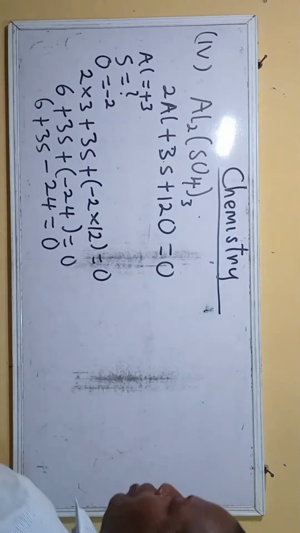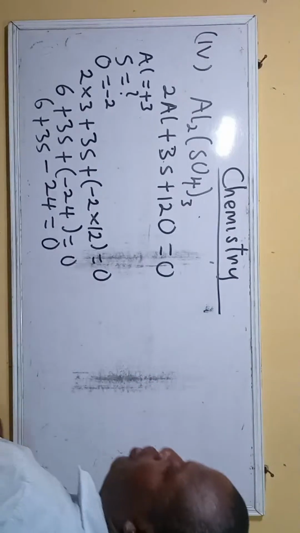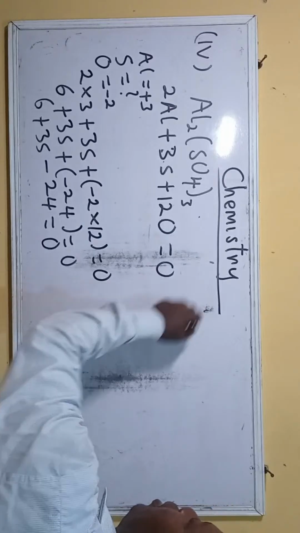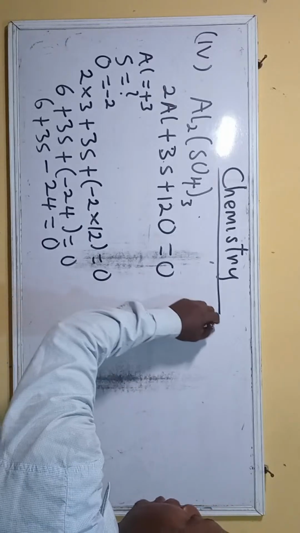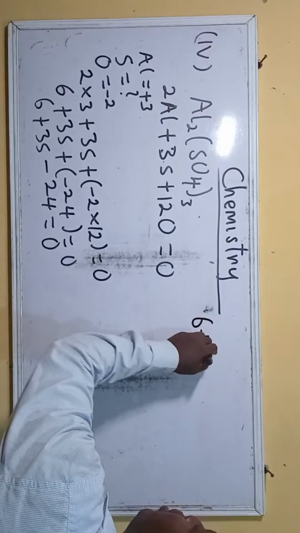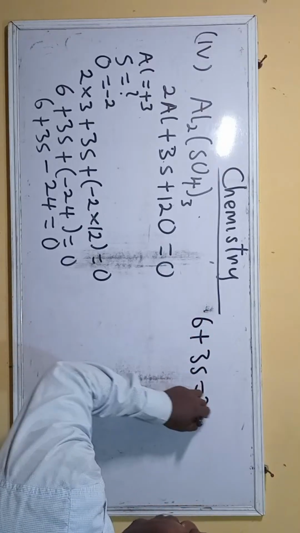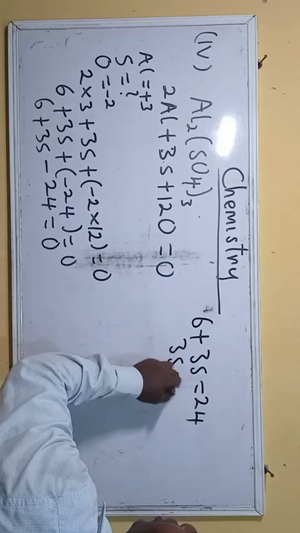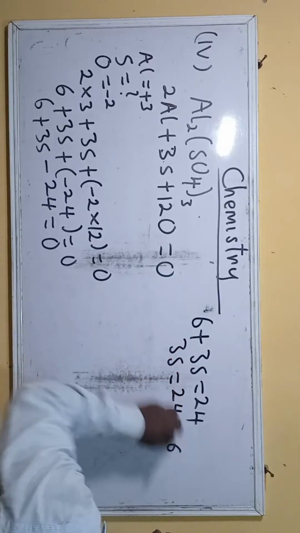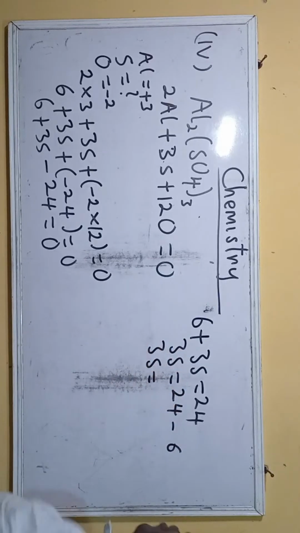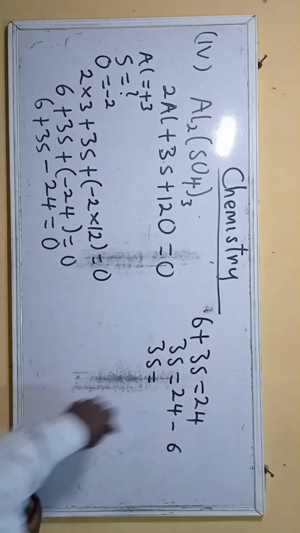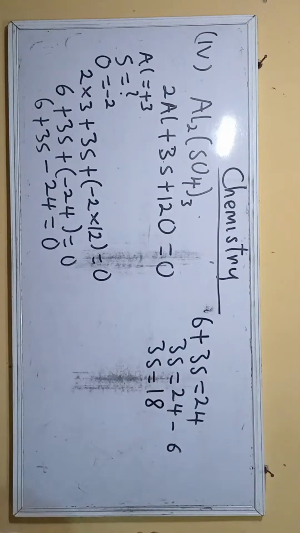Now, so I will have 6 plus 3x equals 24. I have 3x equals 24 minus 6. 3x, 24 minus 6 is 18.